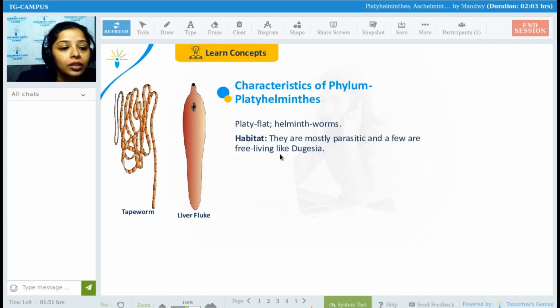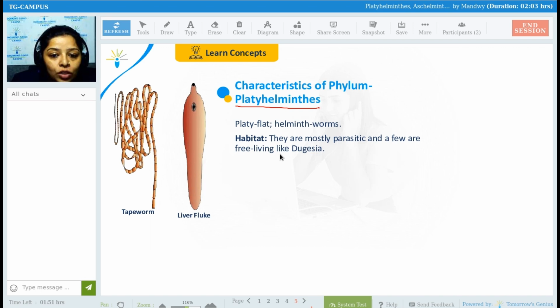Okay, let's start the topic Platyhelminthes. The name Platyhelminthes was given by the scientist because of their morphology, as the organism has a flat body shape.